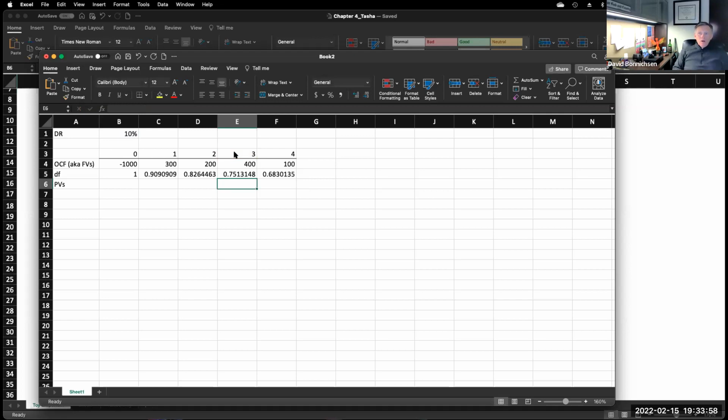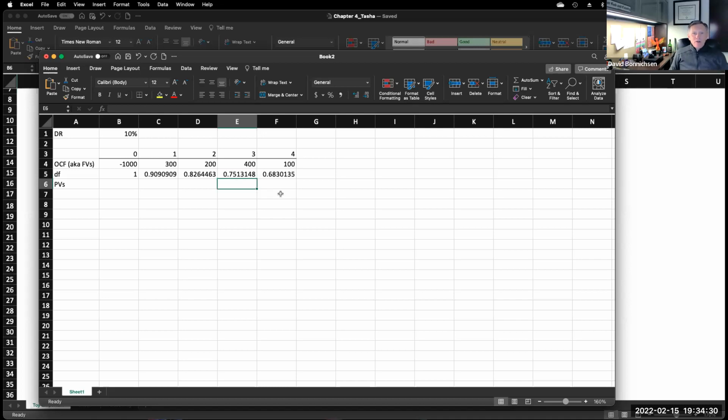So in year 3, at a 10% required rate of return, my discount factor, and this is why I wanted you to calculate it separately, is saying, thinking back to the present value formula, present value is equal to future value times discount factor.